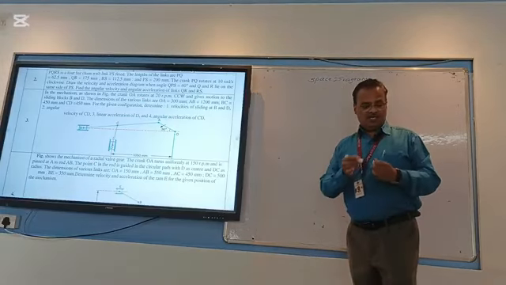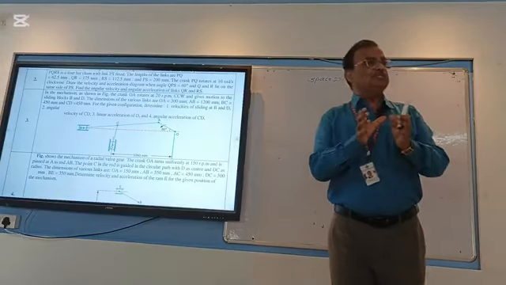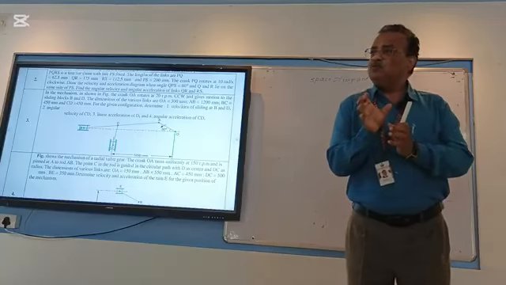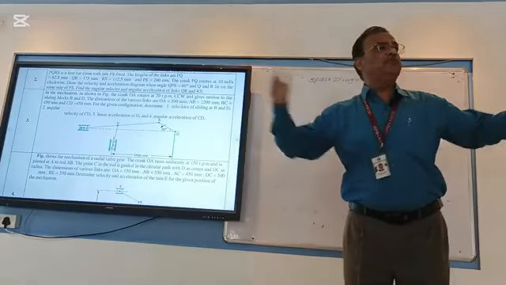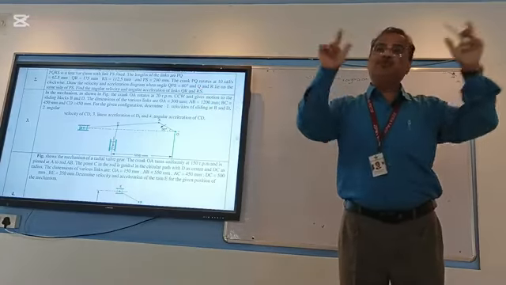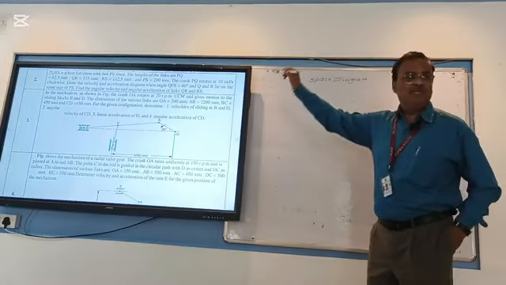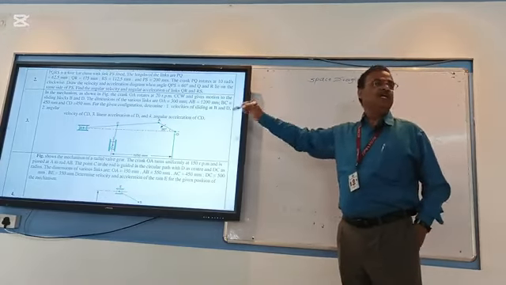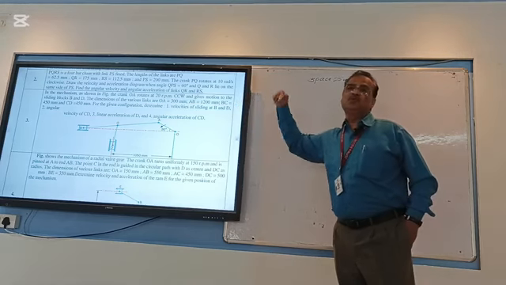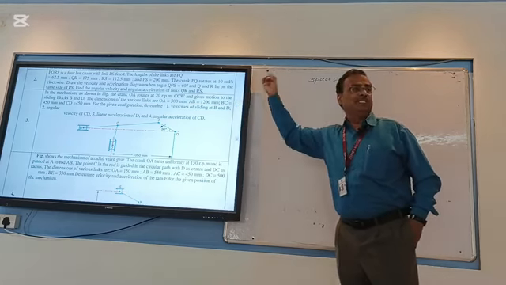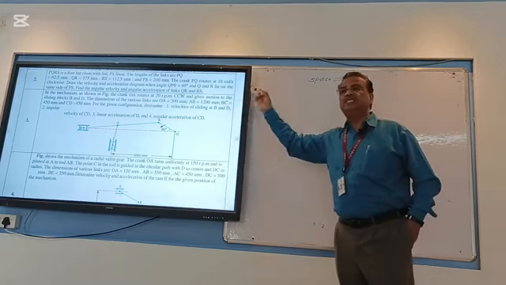Why suitable? Your space diagram should not be so small or so large. It should be appropriate. That's why we have to see the minimum and maximum dimension. Depending upon that, you select your appropriate scale of the space diagram.